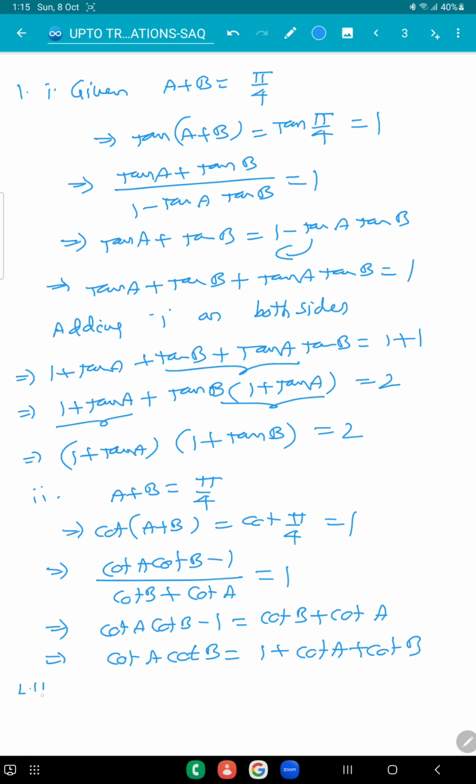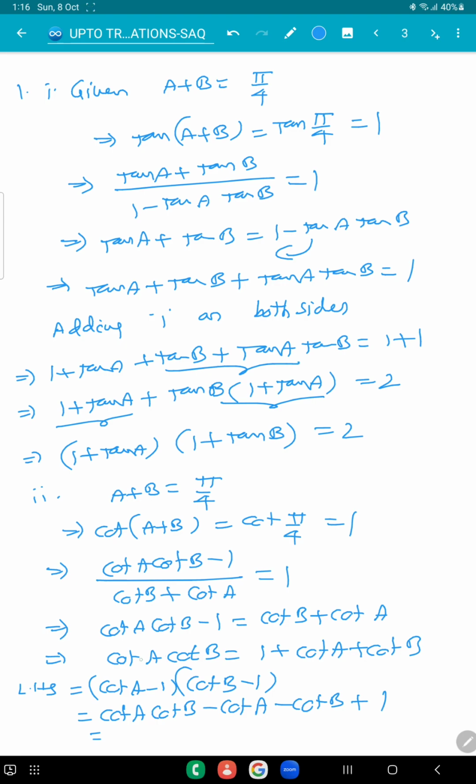Let us consider the left hand side. What we need to show is cot a minus 1 into cot b minus 1. Let us multiply these two. Cot a cot b minus cot a minus cot b plus 1. Right? Let us see this one.